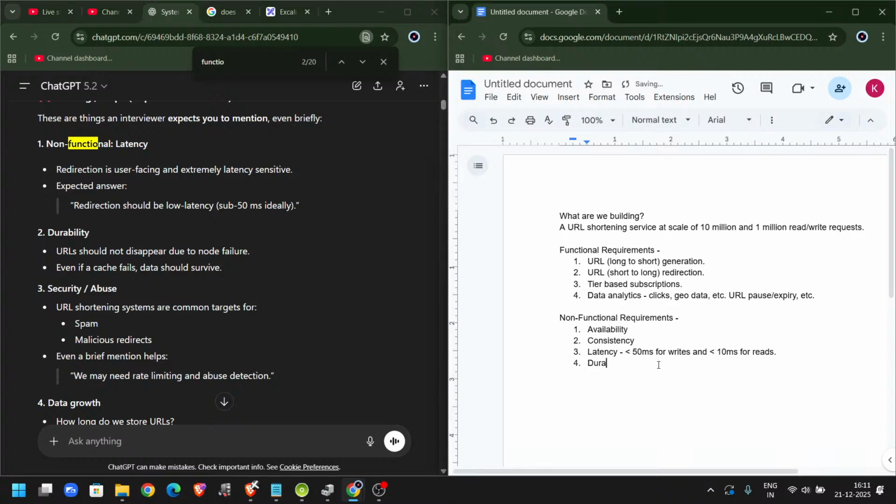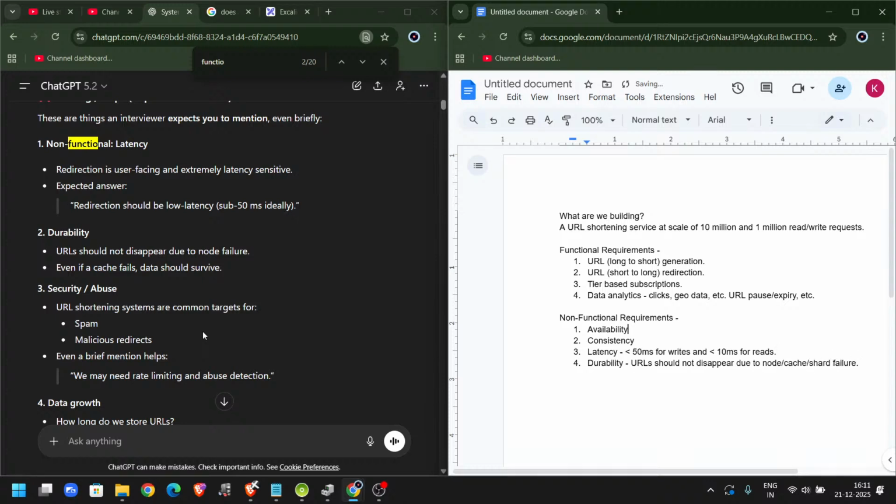Durability. Let's write something about durability. URLs. Okay, even if a cache fails, data should survive, in case of node या cache या shard failure, right?